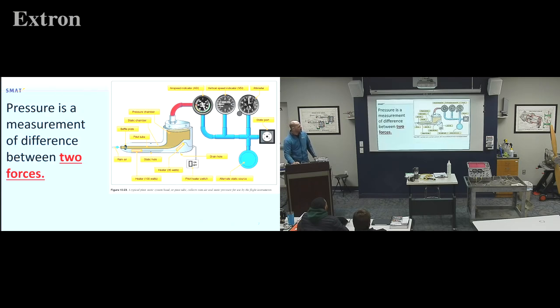So back to pressure being a measurement between those 2 forces. When we hook our fancy box up, what we're going to notice is whether both of these are connected or not. For instance, if I want to check if there's a leak, picture there's a diaphragm between those 2.